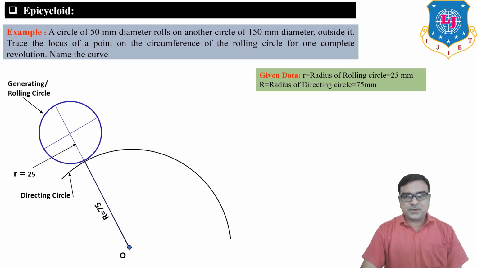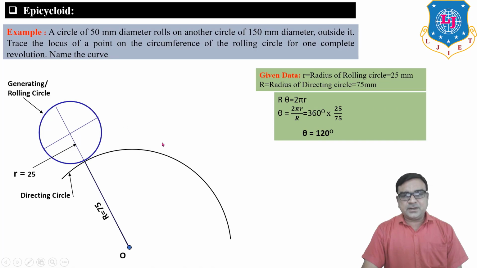Here the radius of the rolling circle is 25 mm. So two circles will contact at one point. This is the starting position of our rolling circle. We want to roll this circle in the clockwise direction. We have to go up to one complete revolution.